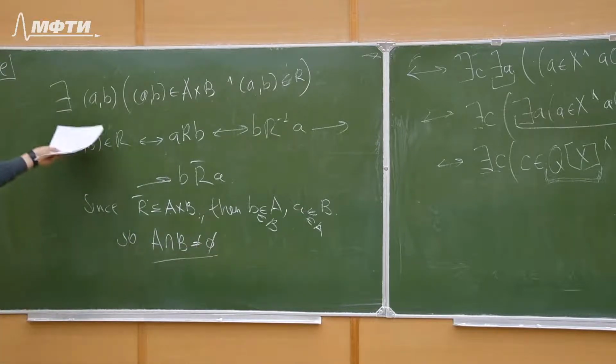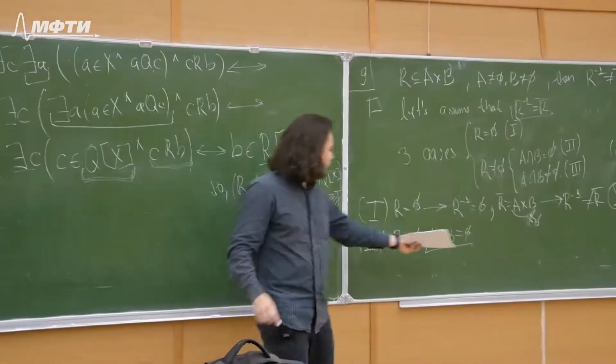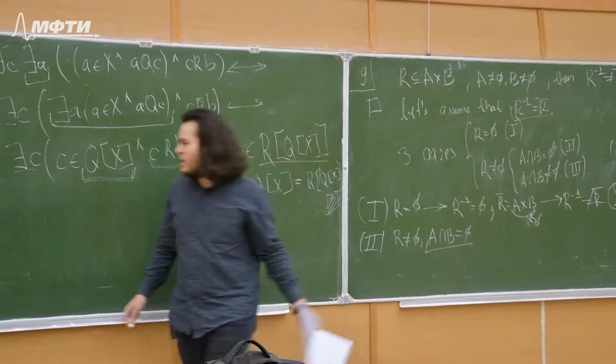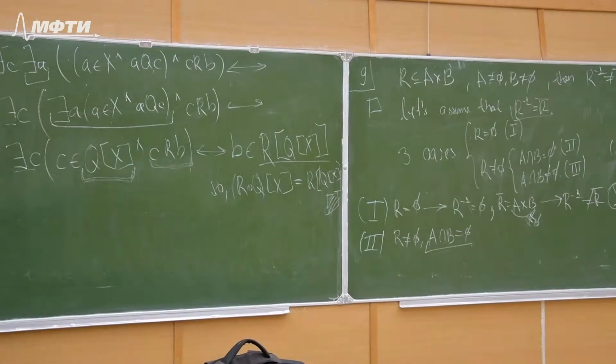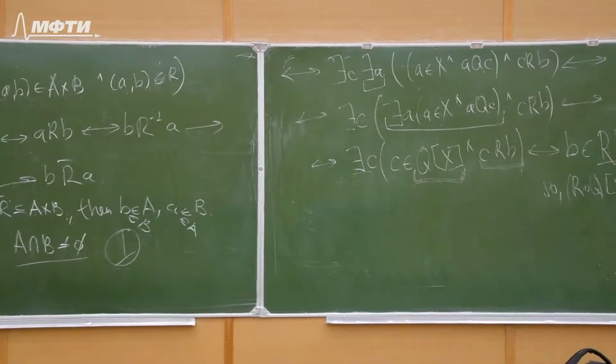But we assumed that the intersection is empty here, so we obtain a contradiction. So for this case, we also have that this is not true.